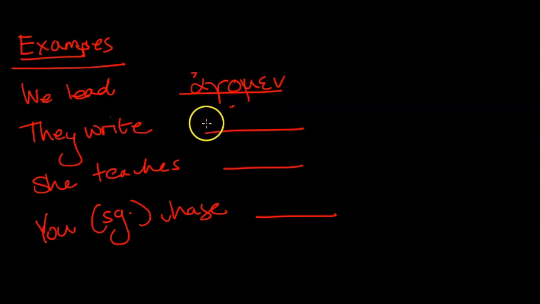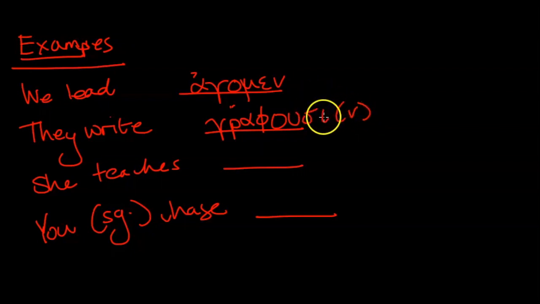The stem for write is γραφ. So we know that the beginning is going to be γραφ. And then the ending for they is just ουσι. So it's going to be γράφουσι. Obviously we don't know whether it's at the start or at the end of a line, so we'll just put the movable nu in brackets.